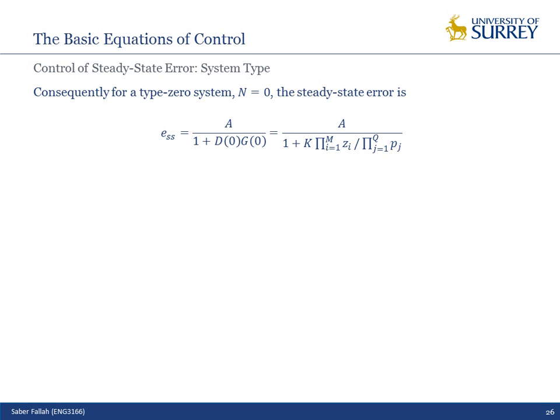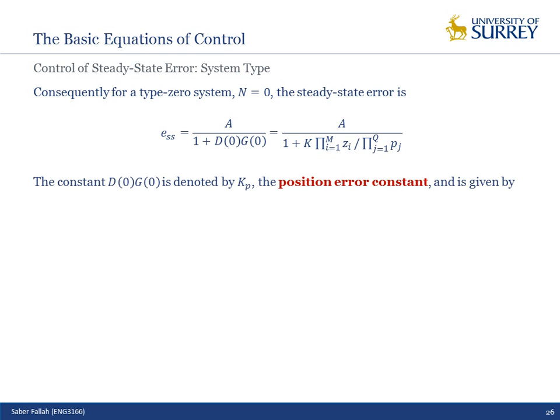When s goes to 0, I will have the multiplication of the zeros over the multiplication of the poles. 1 plus this, and the overall steady state error is a over 1 plus this multiplication. I call this constant D0G0, this constant variable, the position error constant, Kp. Just the name.